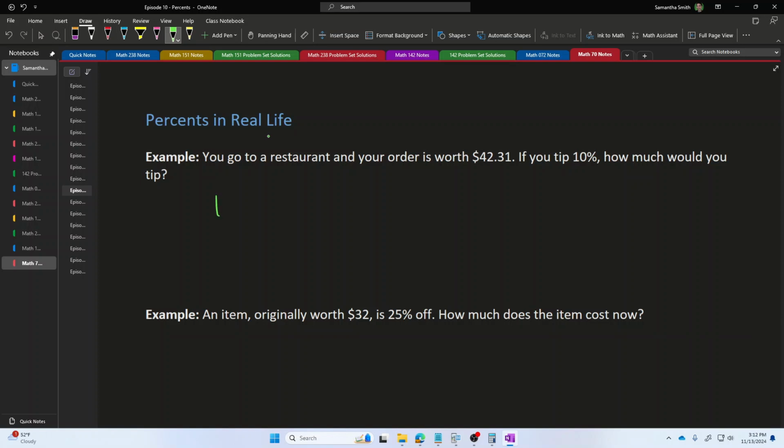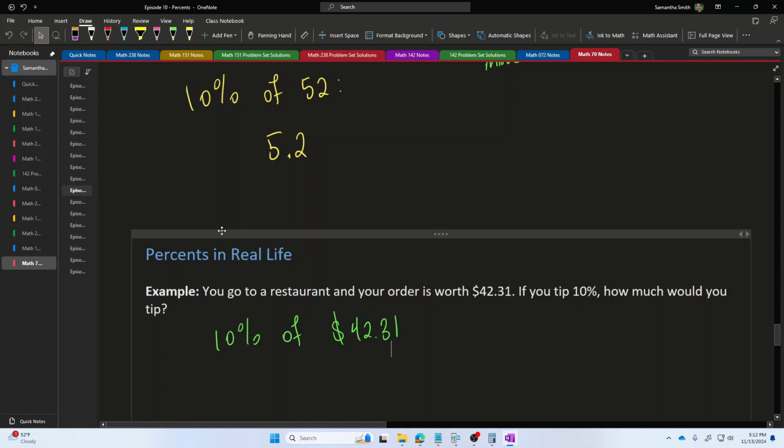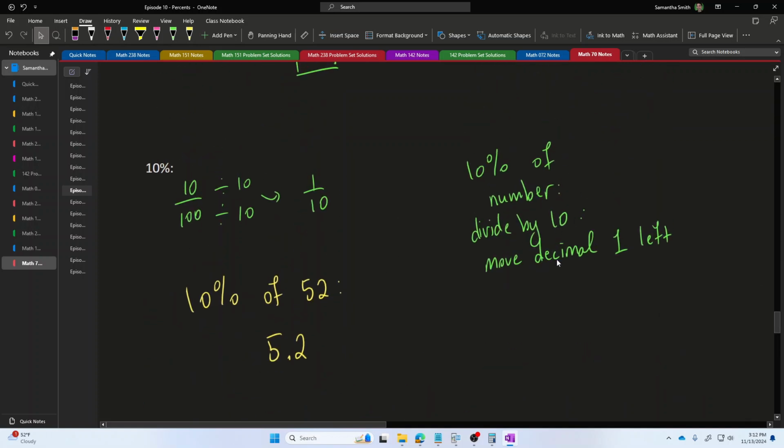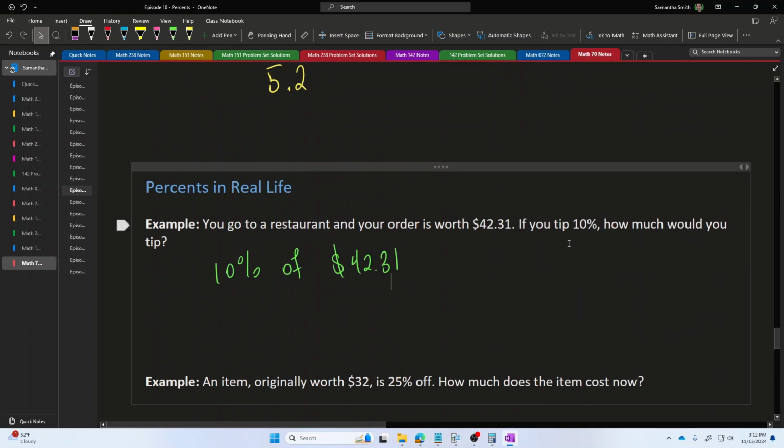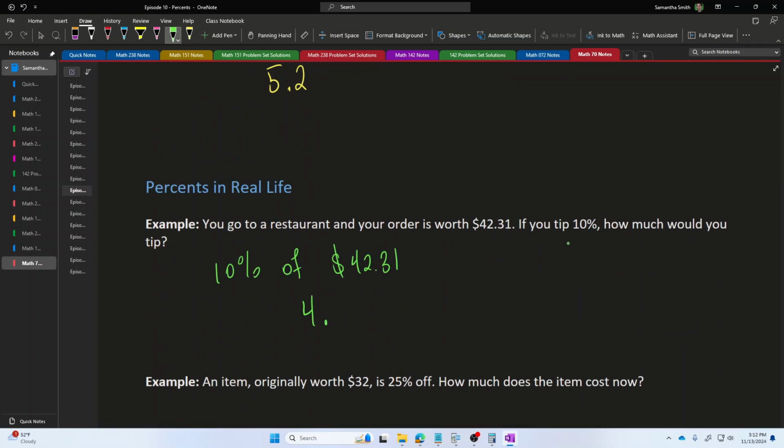Well, 10% of 42 bucks. This special percent can be obtained by just scooching that decimal place 1 unit to the left in the number. So that would be 4.231.